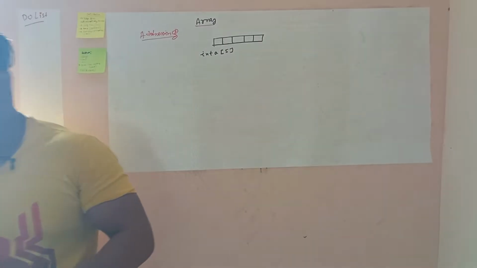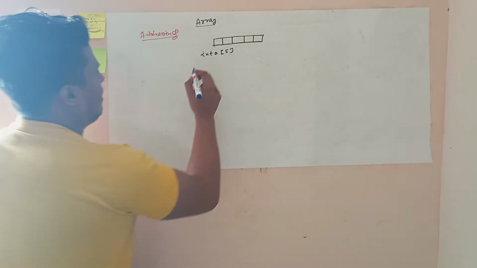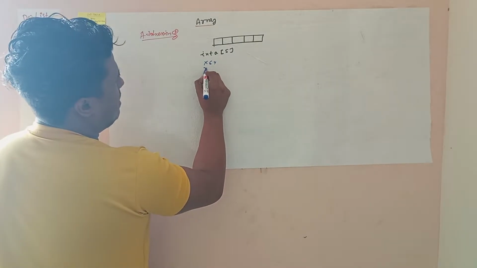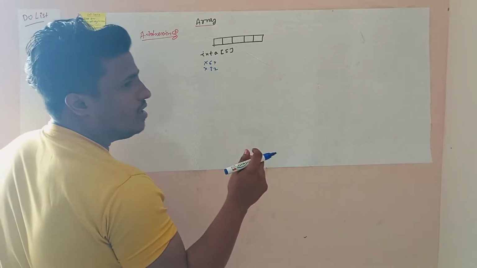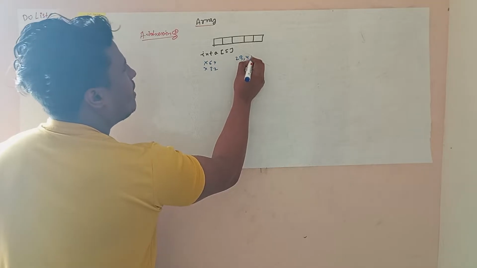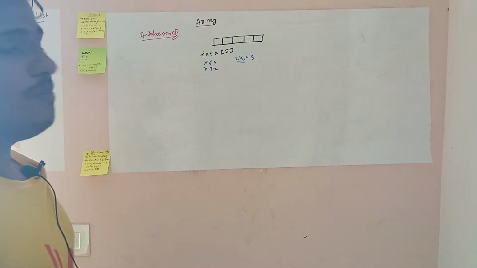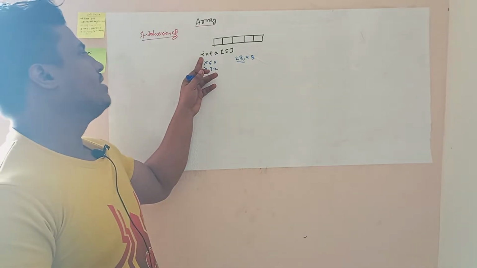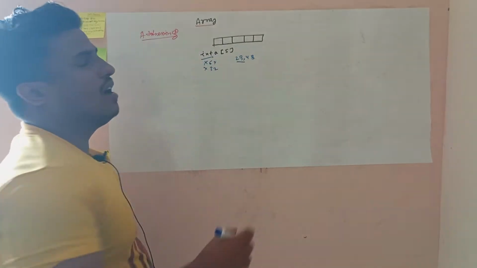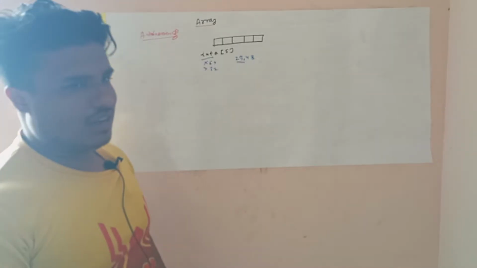Addressing depends on your system, whether it is x64 or x32. It can be 2 bytes or 4 bytes. Let's assume that I'm using 2 bytes for int. Whenever you declare an array, it will take 2 bytes of memory per element.